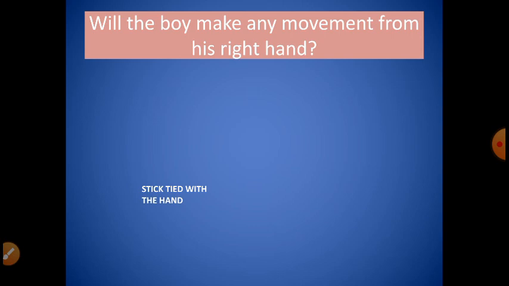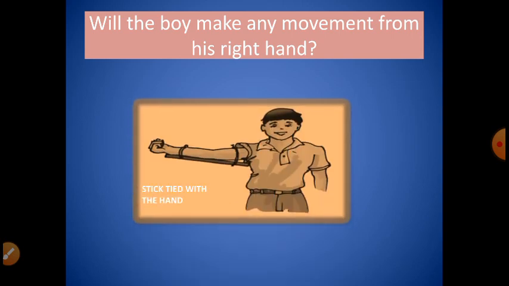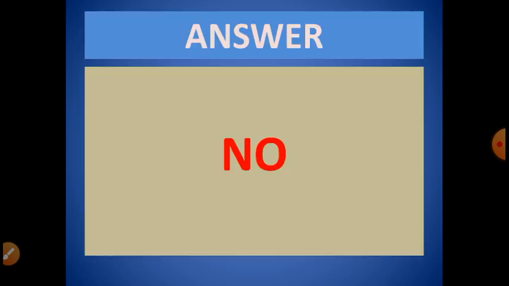Now, see this picture. This boy has a stick tied to his right hand. In this condition, he will not be able to make any movement with his right hand.